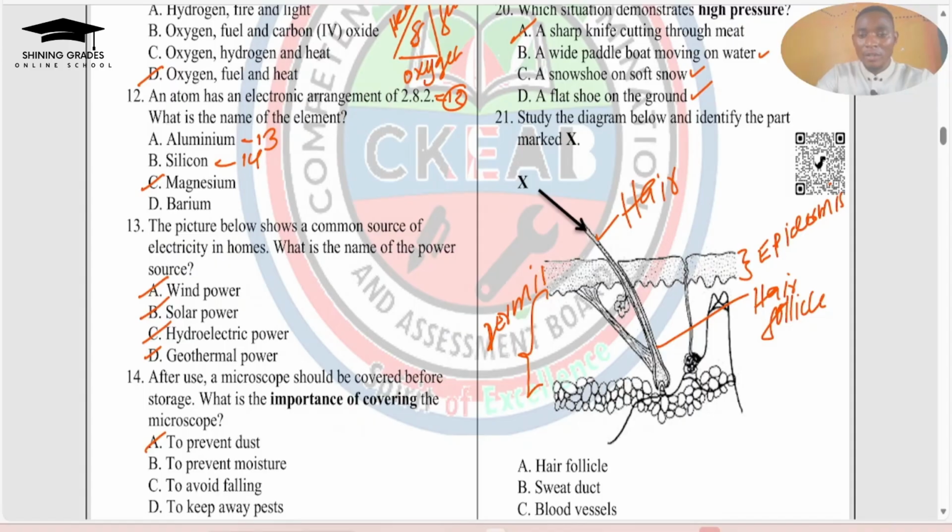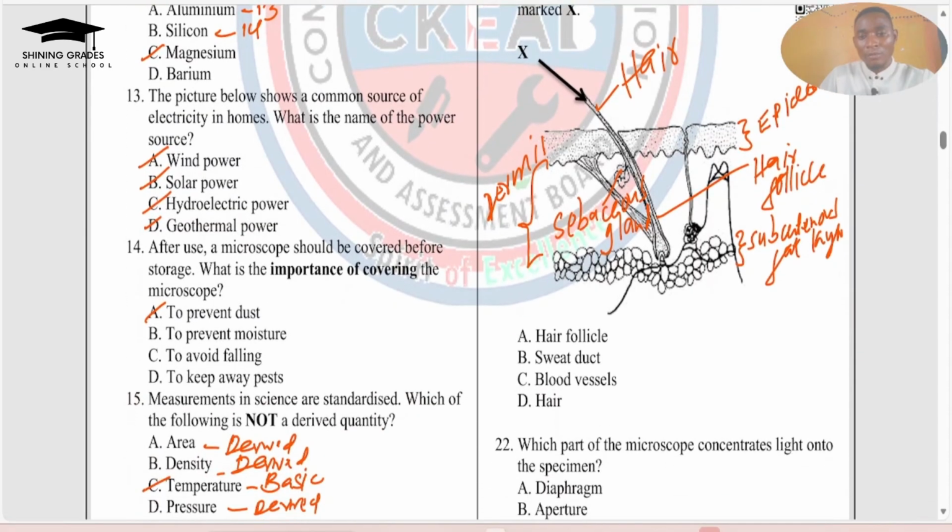And in the dermis, we have several parts. We also have the sebaceous gland, and the subcutaneous fat layer, and many other parts. We also have blood vessels. So from the question that we have, part X is hair.